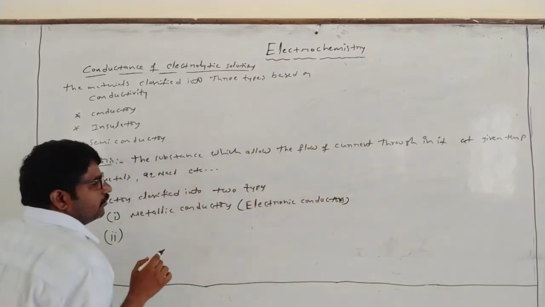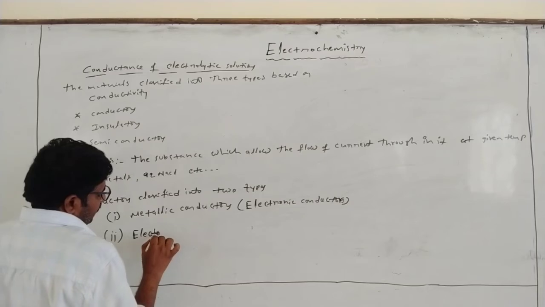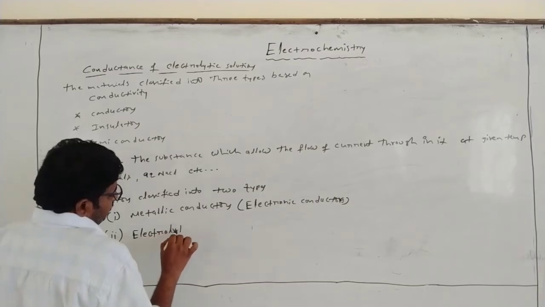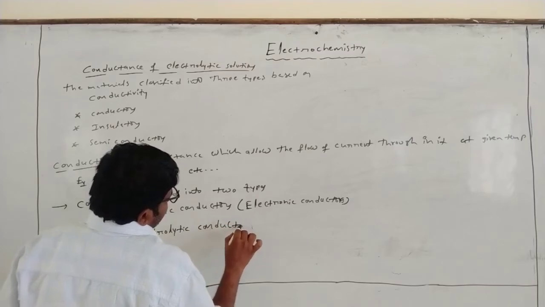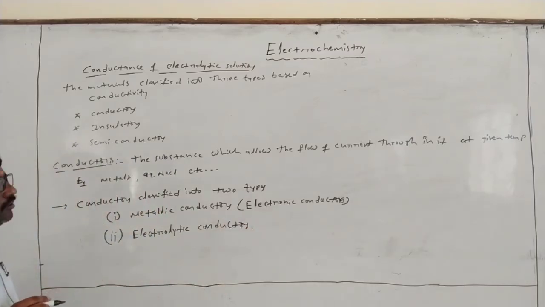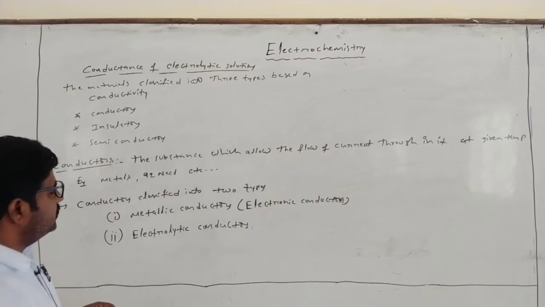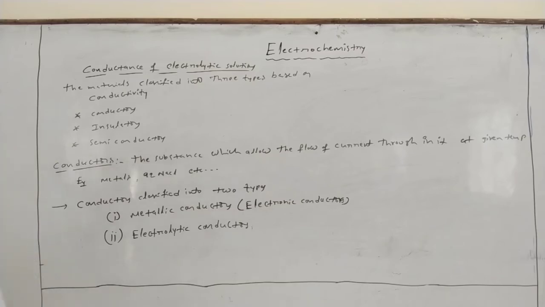Second one is electrolytic conductors. These are the types. Now, what are metallic conductors? What are electronic conductors?